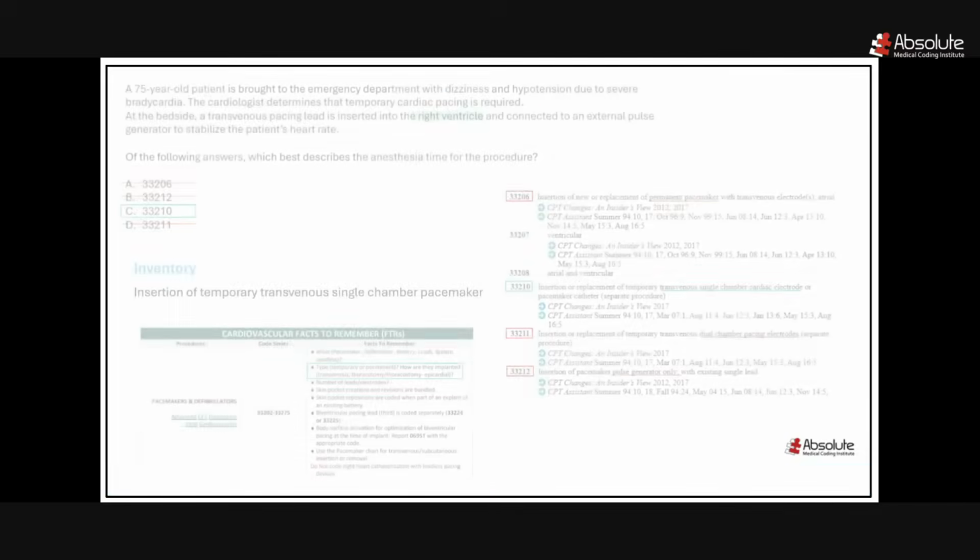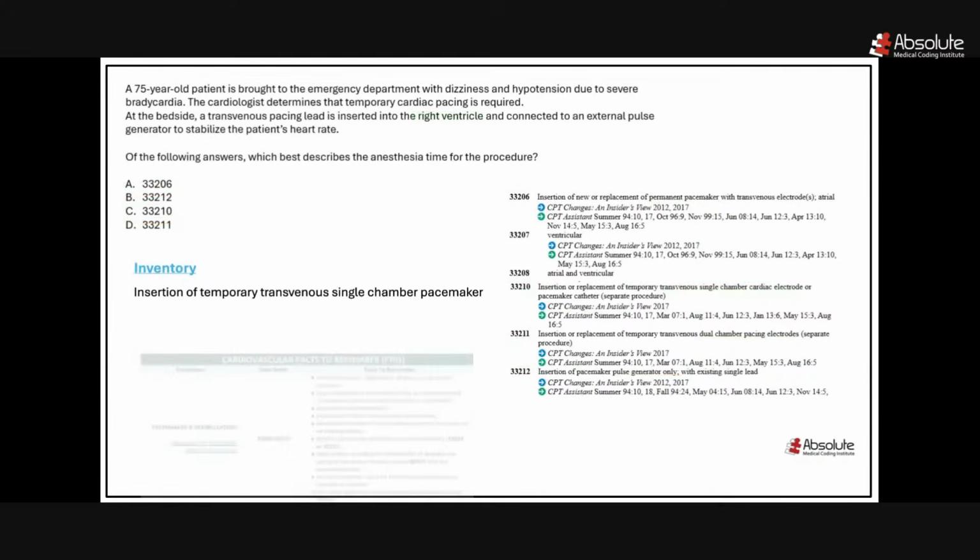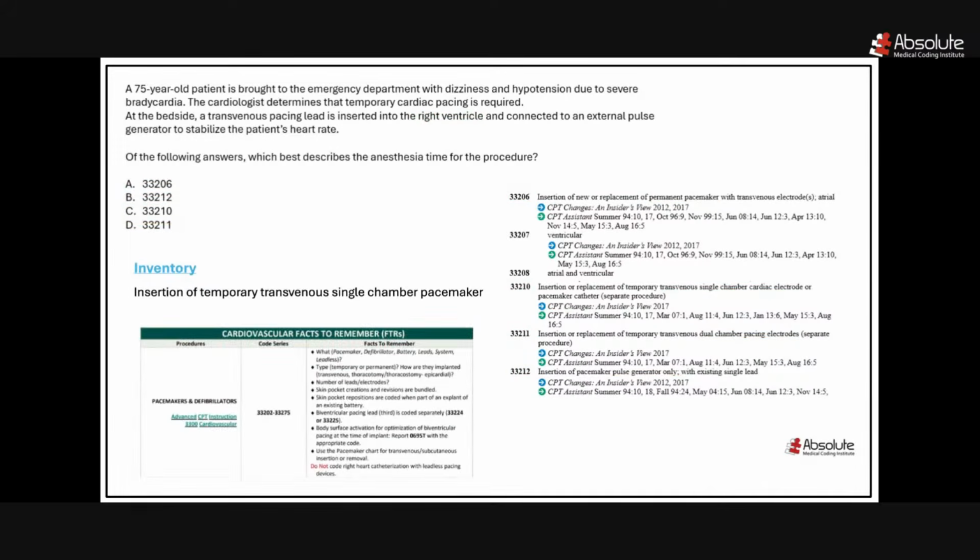So let's go ahead and break down the scenario. In this scenario we have an insertion of a temporary transvenous single chamber pacemaker, right? So what are the codes available? We have 33206, which codes for insertion of new or replacement of a permanent pacemaker with transvenous electrode atrial.